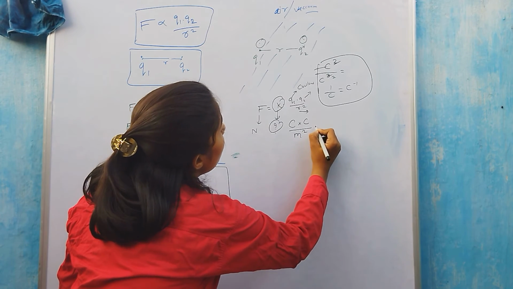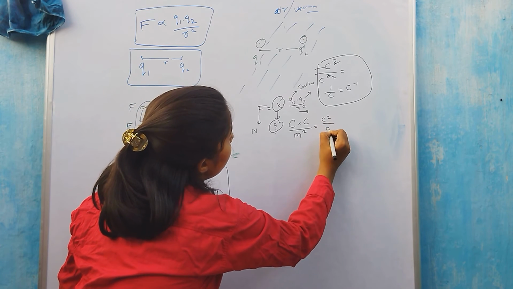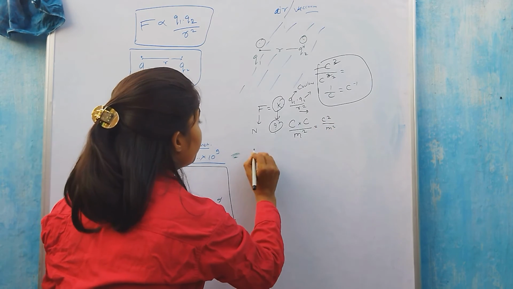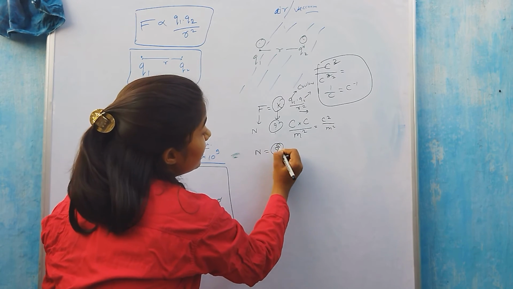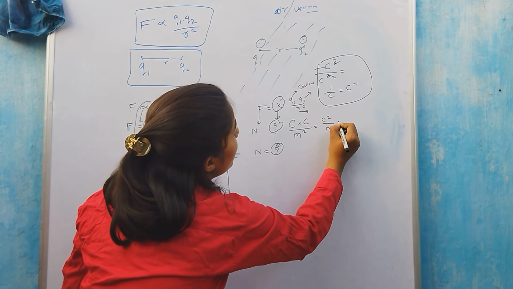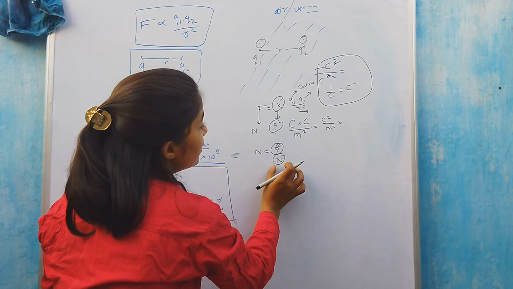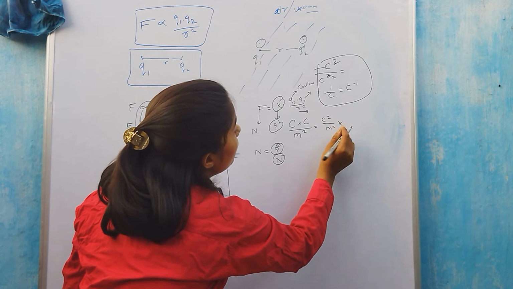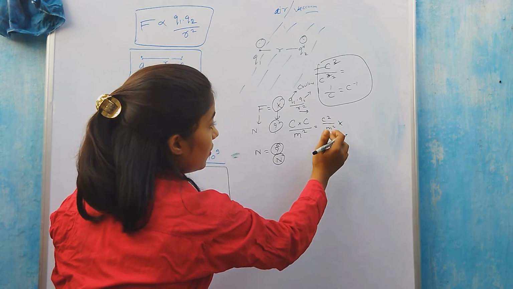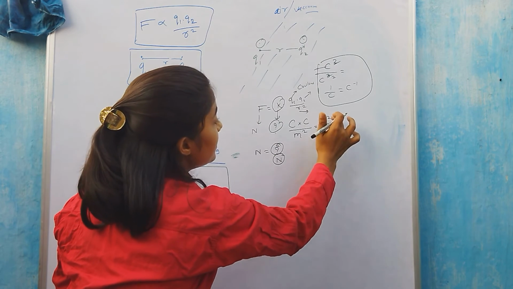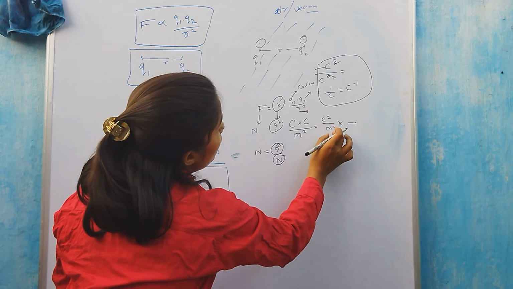So now you can see like this, C square divided by m square, and we have to find the unit of k. How can it be? Suppose here it is Newton, and we have to cancel this and this, both we have to cancel out.